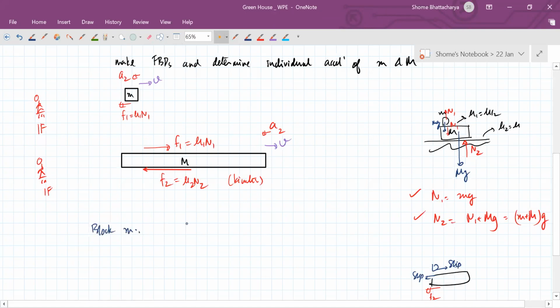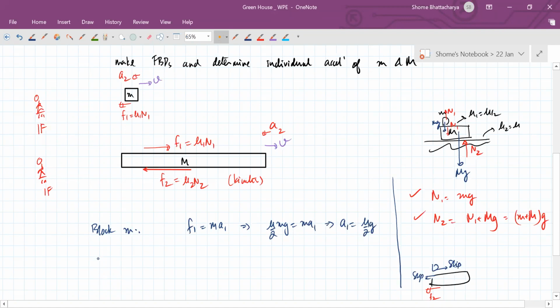the block small m will have the relation that F1 is equal to MA1. Okay. So mu by 2, because mu1 is mu by 2, small mg will be equal to MA1. So this one will have a deceleration of mu by 2 g.